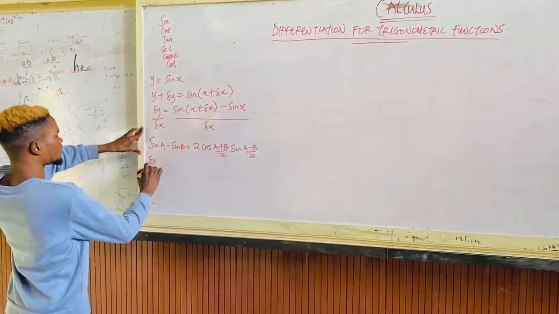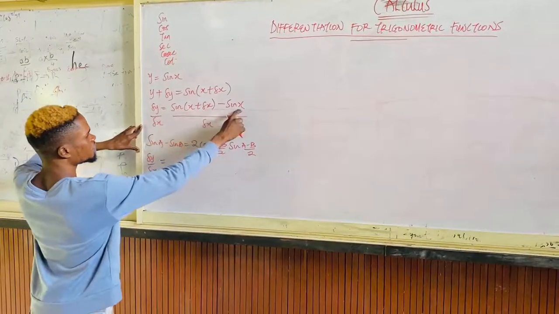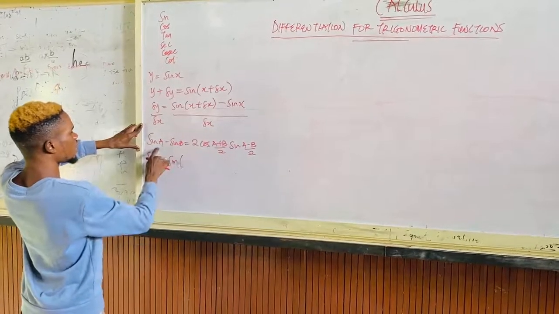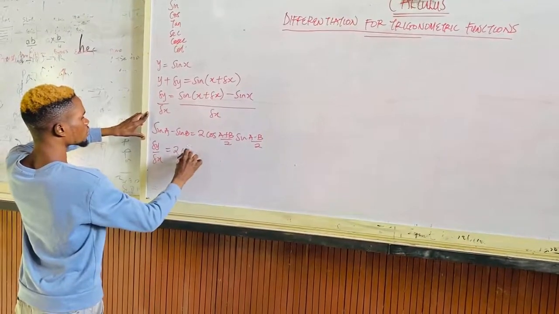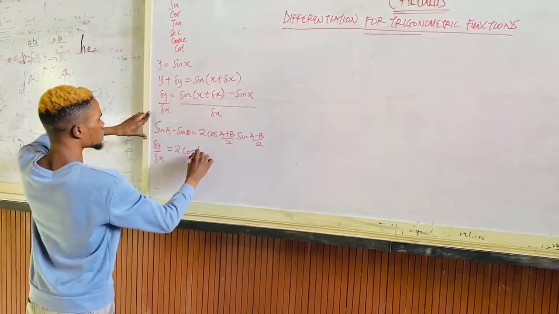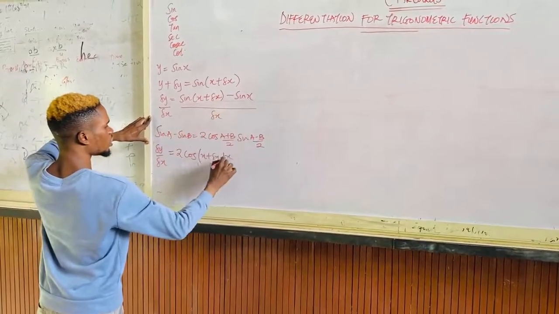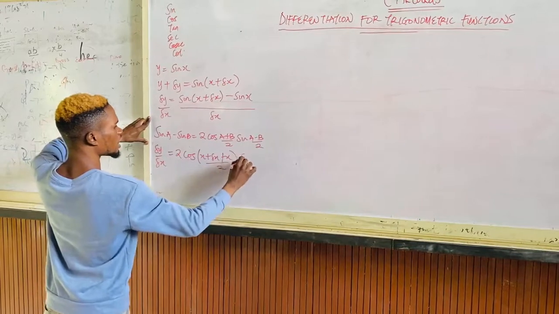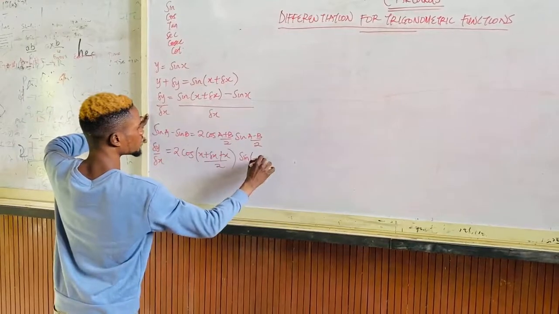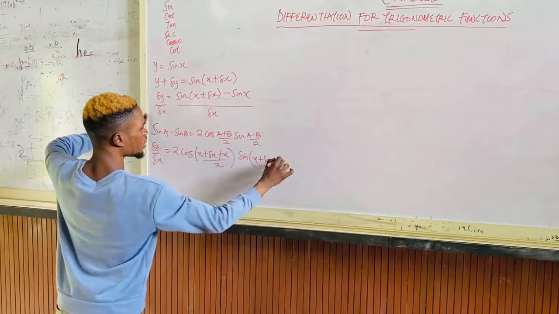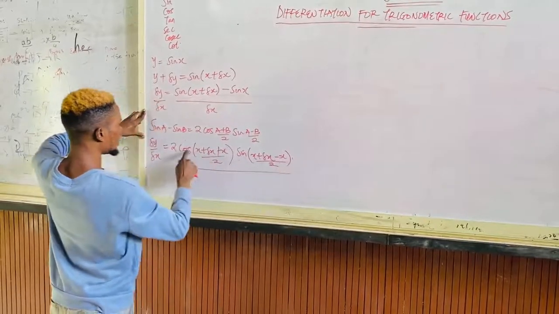So the rate of change is equal to 2 cos, where a is x plus del x and b is x, all over 2, times sine (x plus del x minus x) all over 2.